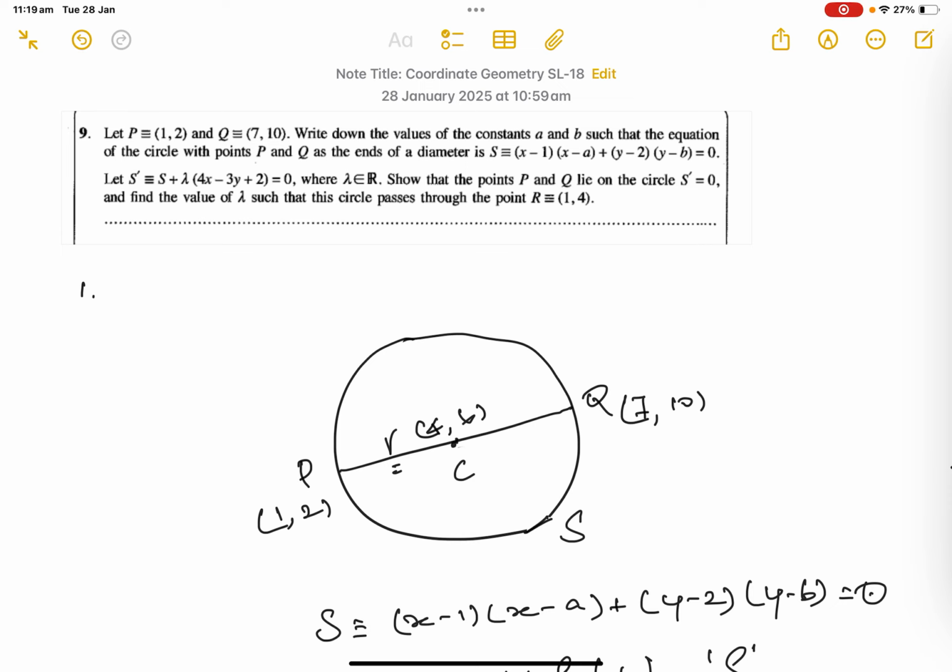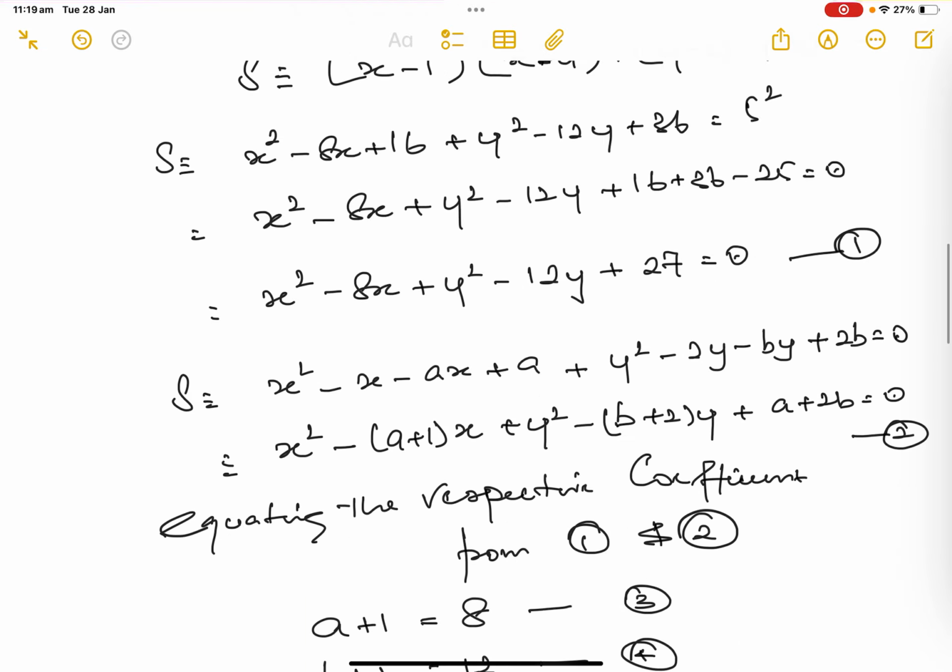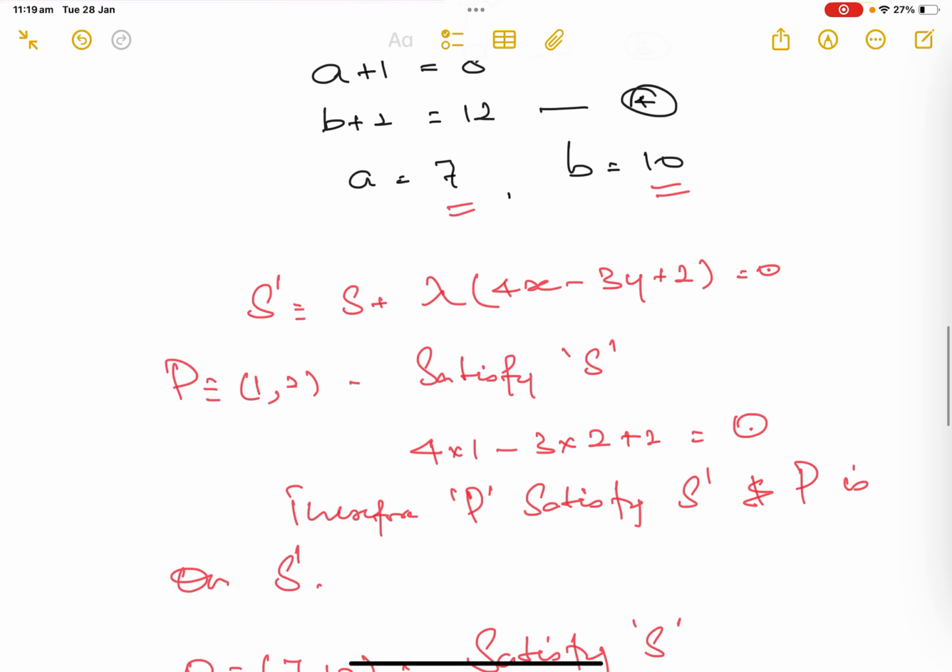Well, let's deal with this. So first we need to prove P is on the S dash circle. The S dash circle is S plus lambda times (4x minus 3y plus 2). P is on S, so P will satisfy S, so we don't need to prove that. We do need to prove that P satisfies the function with x and y that comes with lambda.